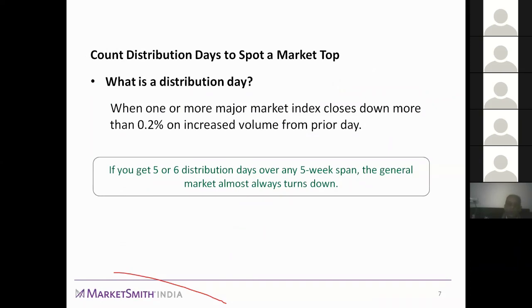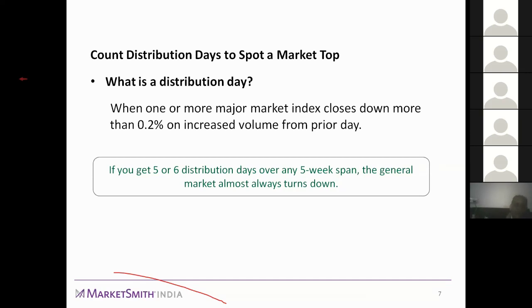For example, say Nifty today made a loss of 0.25%, and the volumes were higher than the last trading session, which was Friday for us. So Nifty fell by more than 0.2% on increased volume. This will increase the distribution day count.